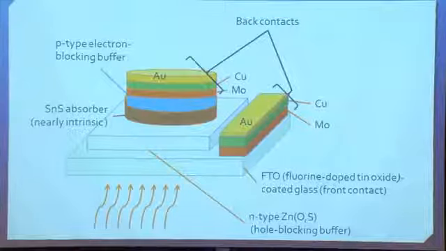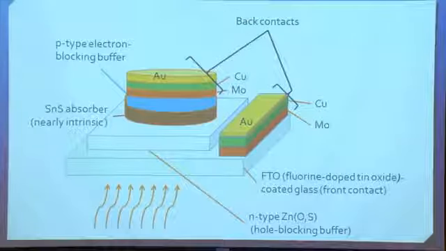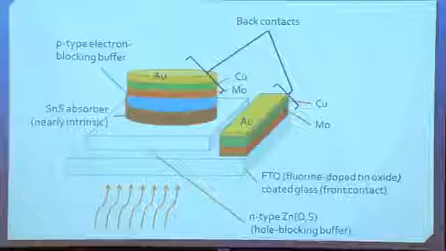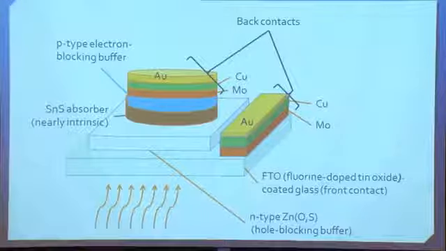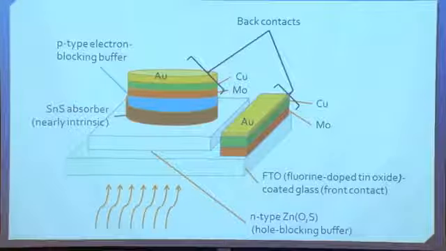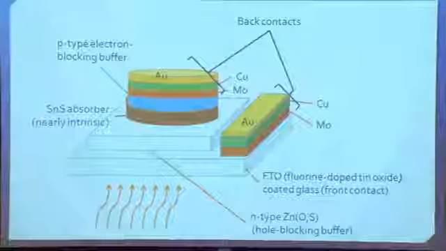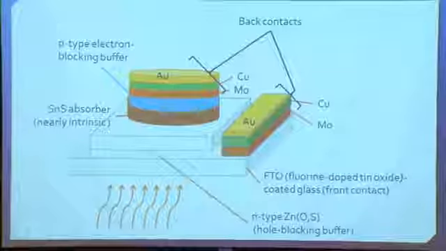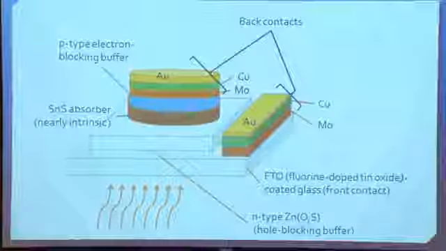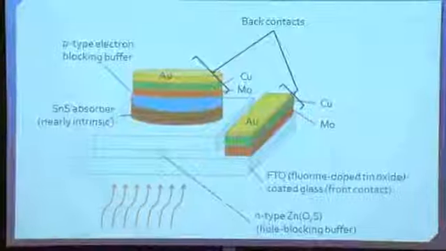So this is a manufacturing idea that could make tabbing easier and eliminate shading losses because all of your electronics contact to one side on the back here. However, as we'll discuss later, it comes with some challenges of its own.